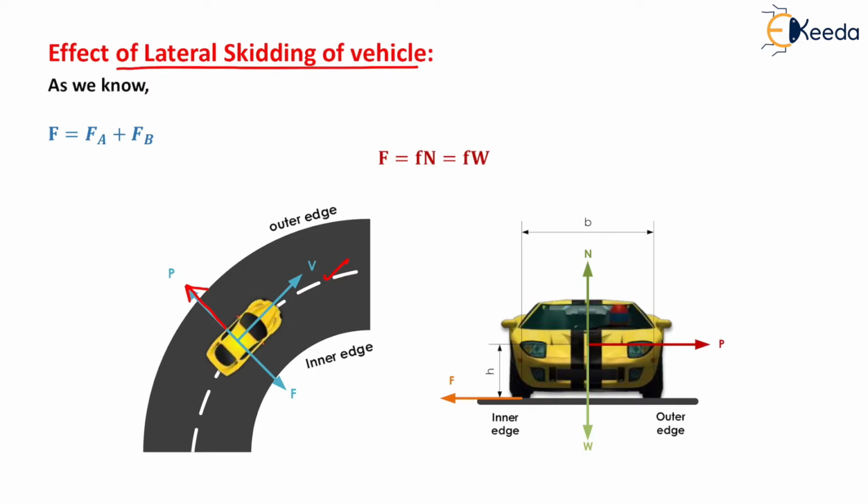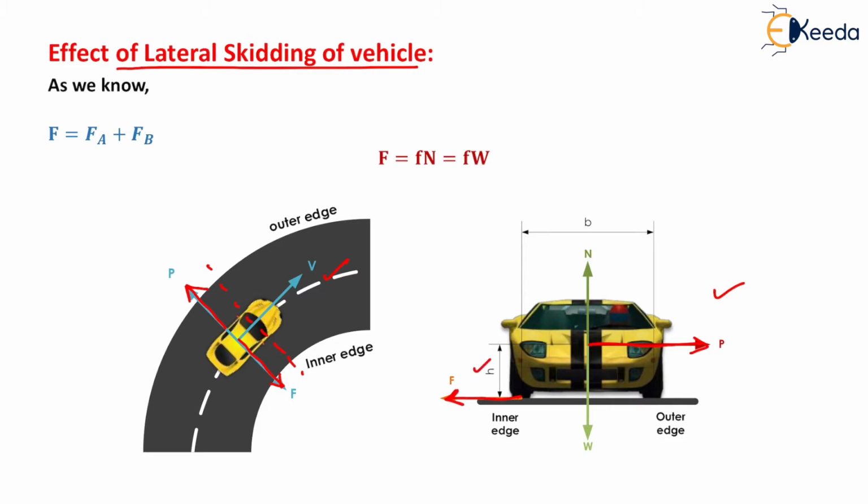So to balance this centrifugal force, a lateral friction comes into picture like this, which will be denoted by capital F. We will cut the cross section of this road and see the vehicle like this. Now centrifugal force will be acting in this direction, that is P, and lateral friction force will be acting in this direction, that is capital F.